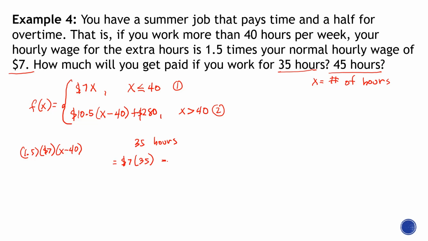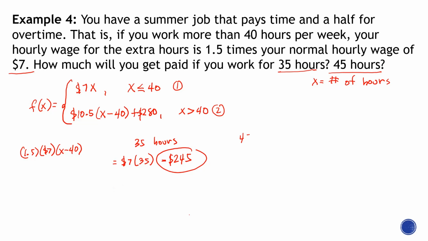So 7 times 35 is equal to $245. Now let's answer the second one.